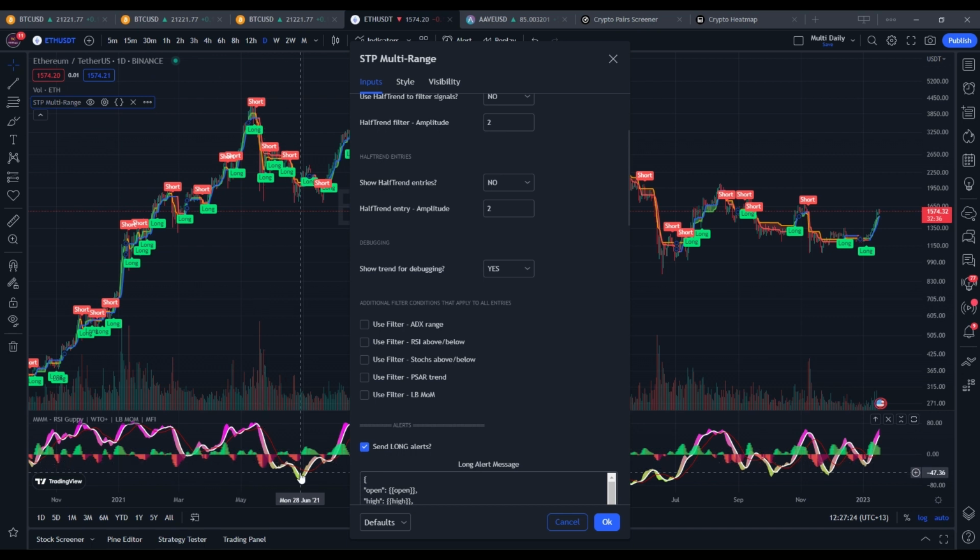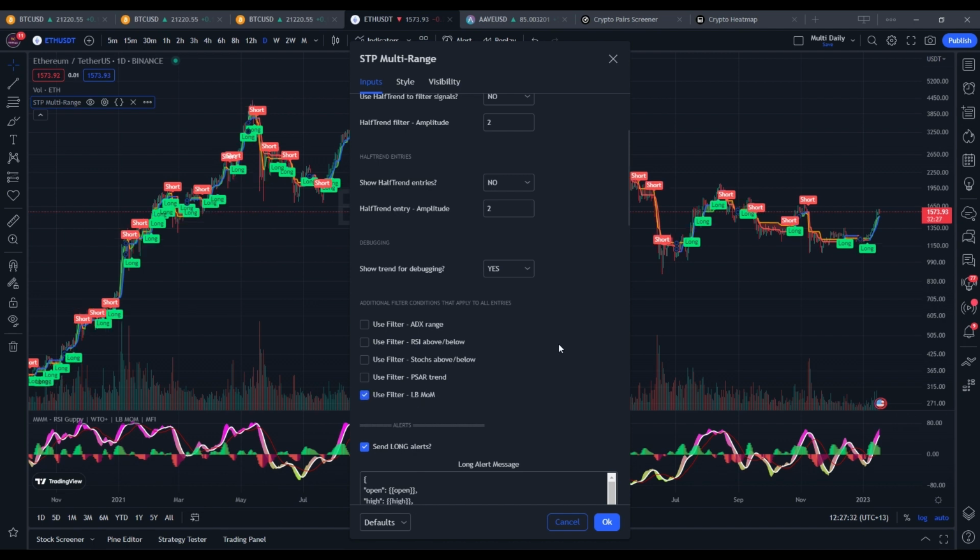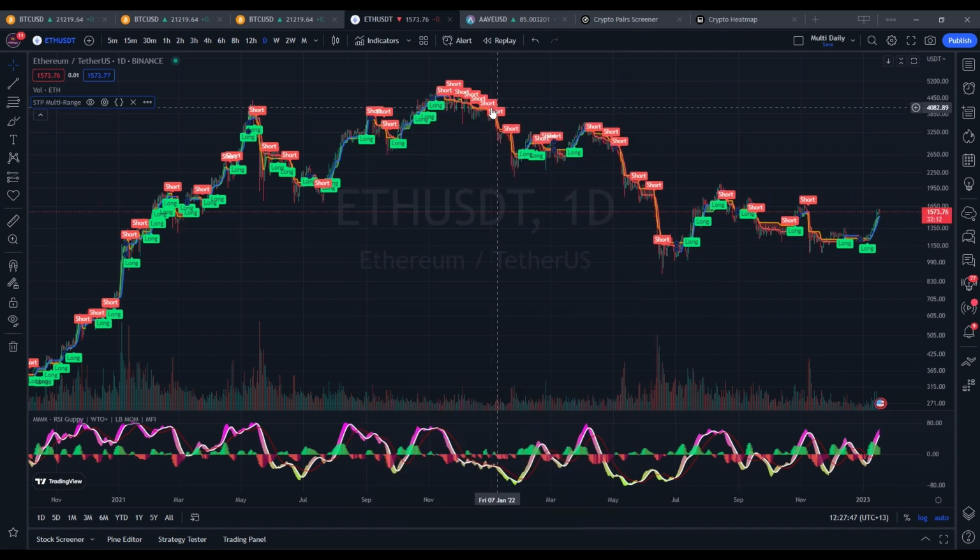I just run an additional extra long 21 moving average on it to get some trend detection. We can enable the Lazy Bear momentum trend detection to just smooth out some of these trades, avoid some of the late entries, take the trades, ride them through. Treat it more like a scalper.